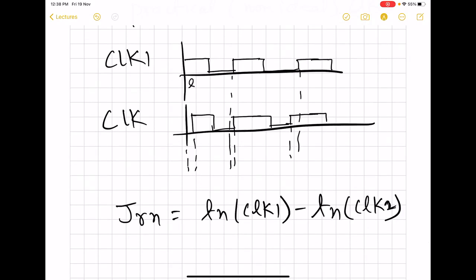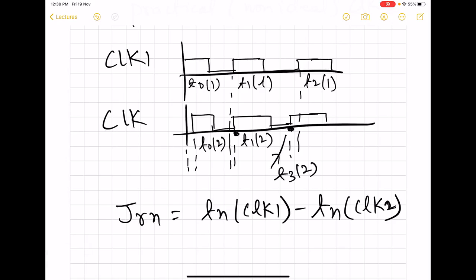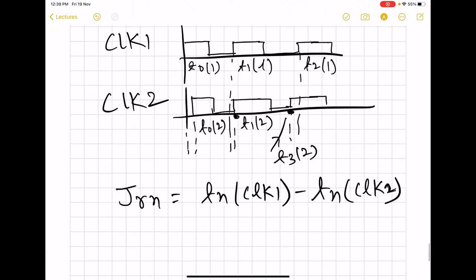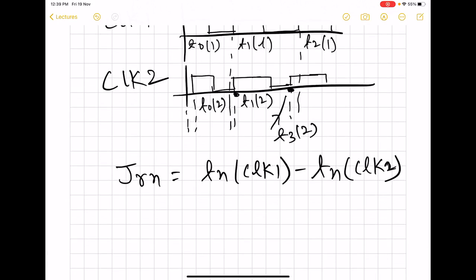So say this is T0 of clock 1, this is T1 of clock 1, this is T2 of clock 1, and this is T0 of clock 2, this is T1 of clock 2, and this one is T3 of clock 2, so on and so forth. So this is how we calculate relative jitter.